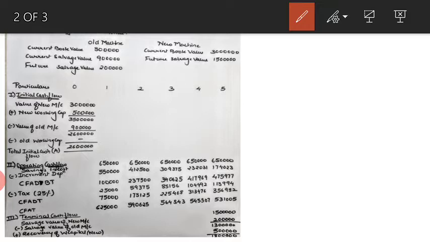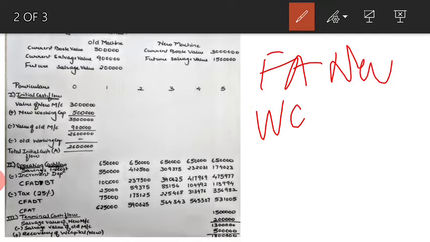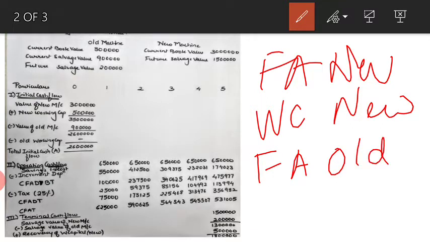Now, initial cash flow. What all things should be included in initial cash flow? The initial cash flow should include investment in fixed assets and investment in working capital. Now since this is a replacement project, there would be investment in fixed assets new and investment in working capital new, plus investment in fixed asset old and working capital old.